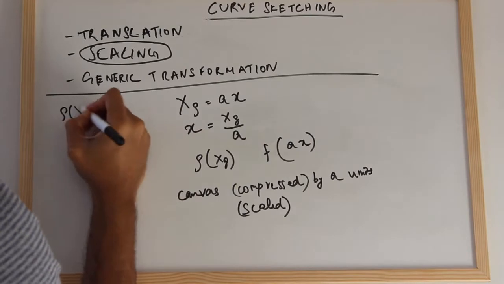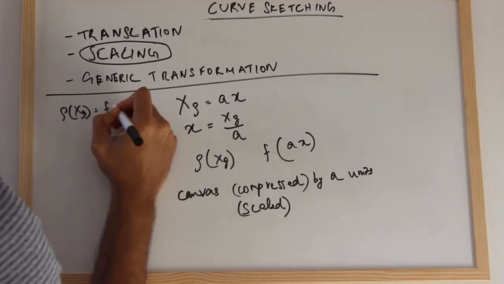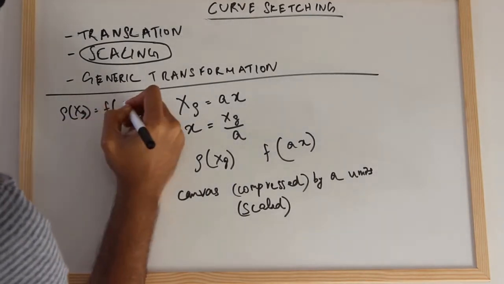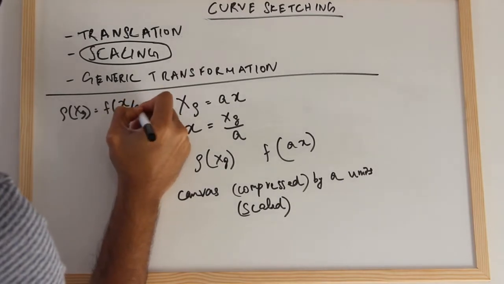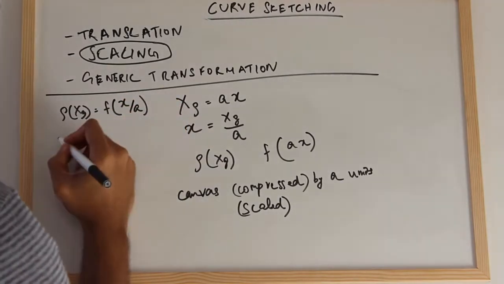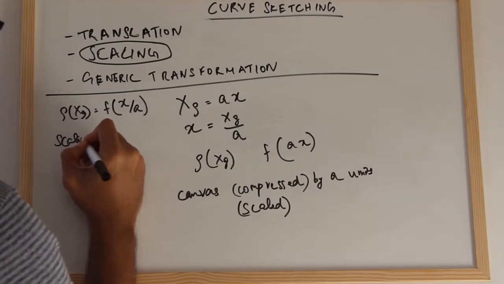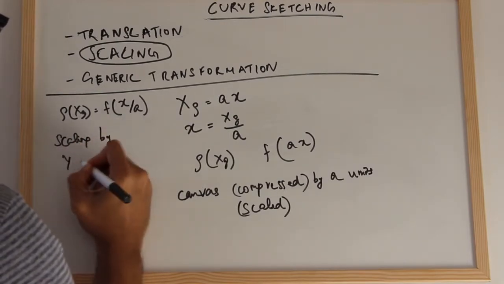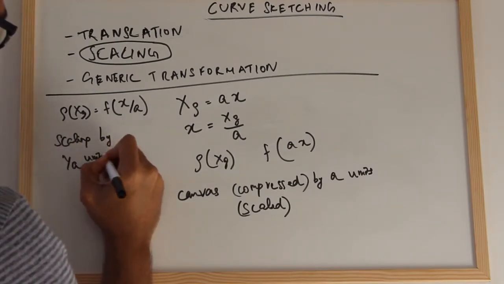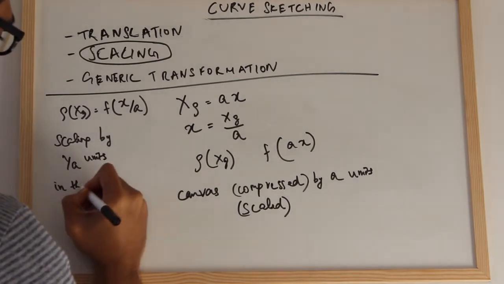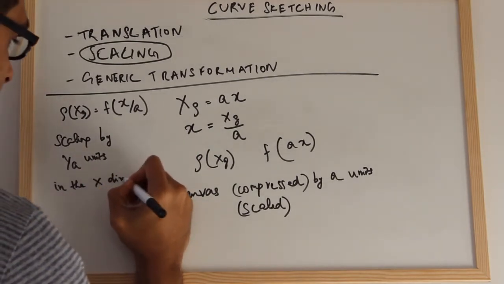If we write g of xg is equal to f of x by a, then it's scaling by 1 by a units in the x direction.